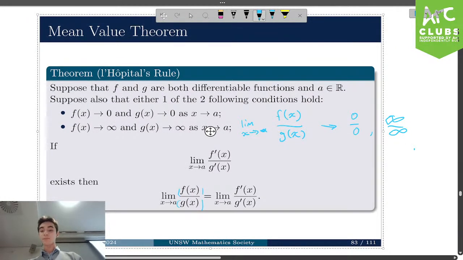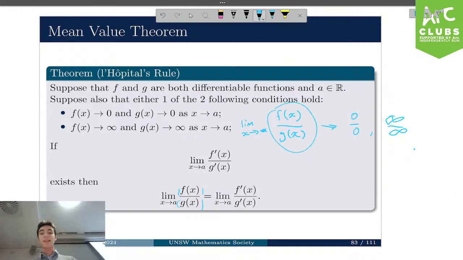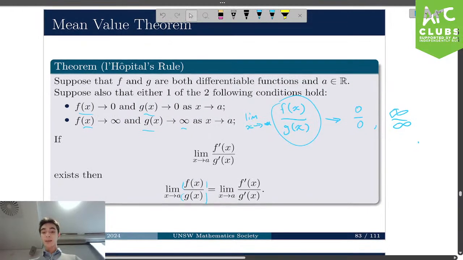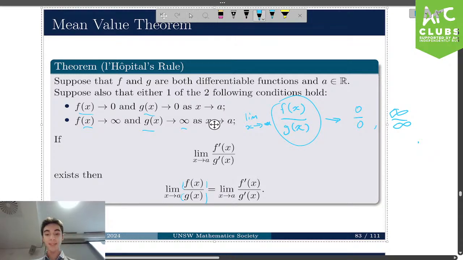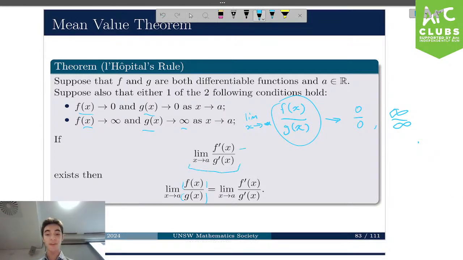So the conditions are this. If you've got this fraction that you're trying to take the limit of, if either both f of x and g of x go to 0 at that limit, or both f of x and g of x go to infinity at that limit, and also as a third condition, if the limit of the derivative of f over the derivative of g exists, then you can apply L'Hopital's rule to get this identity.